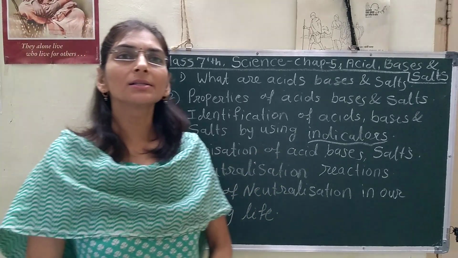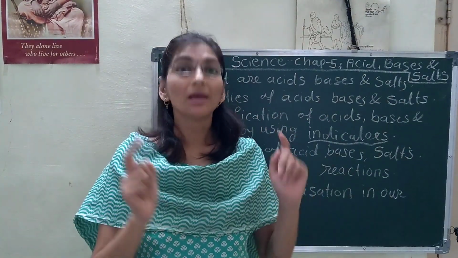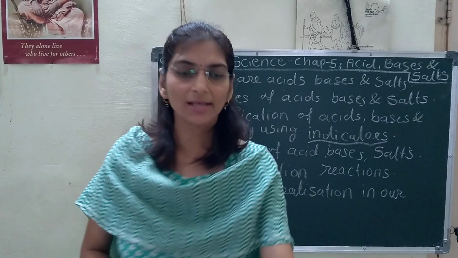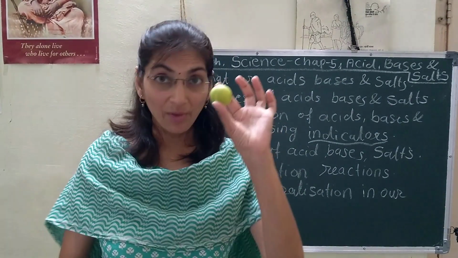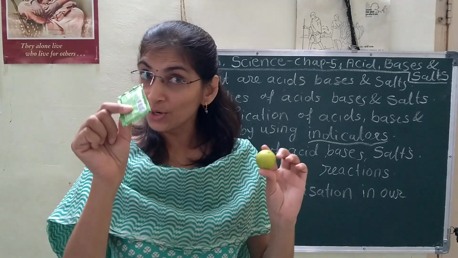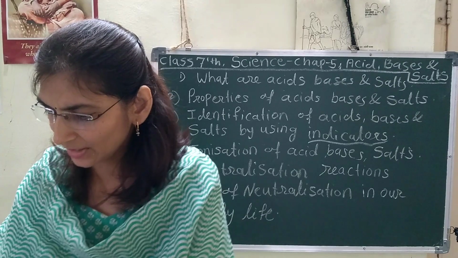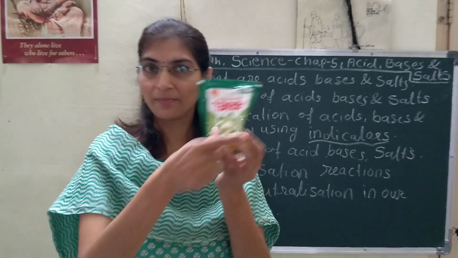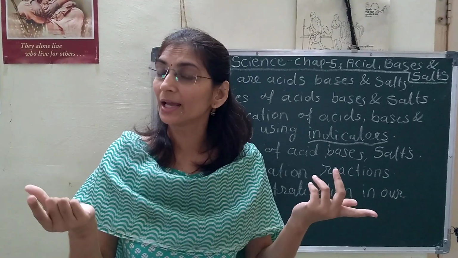So students, around us there are many substances, many compounds such as toothpaste, which you are using, lemon, Eno, soap, and detergent powder. These substances we are using in our daily life.